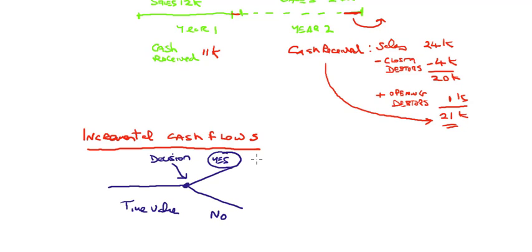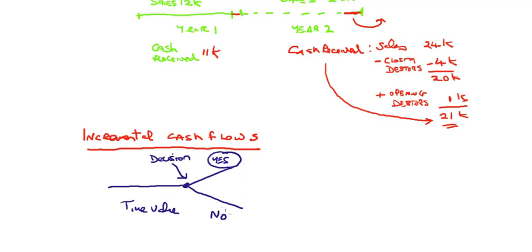So if a cash flow is going to occur either way, if we say yes or if we say no, then that's not incremental. An incremental cash flow is one that occurs only if we do the project.